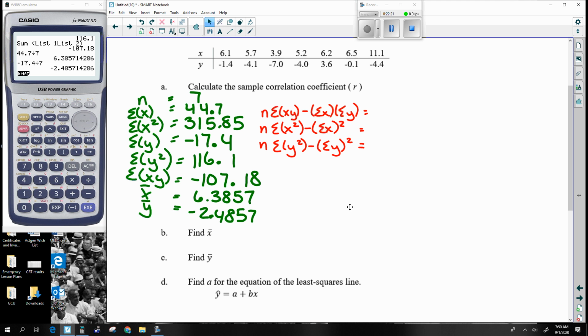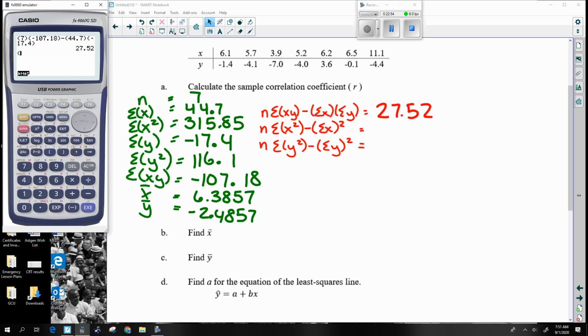So this very first one is going to be n, which is 7, times the sum of xy, that's negative 107.18. Again, parentheses are pretty important. Minus x, 44.7, times y, which is negative 17.4. That gives 27.52. Onto the middle one.